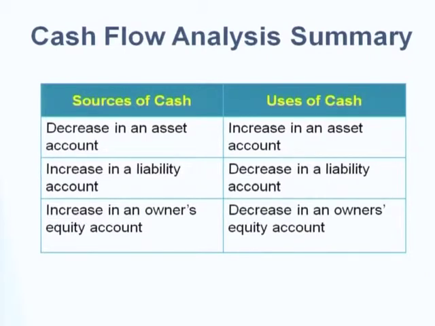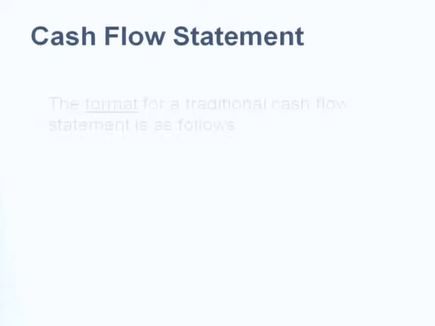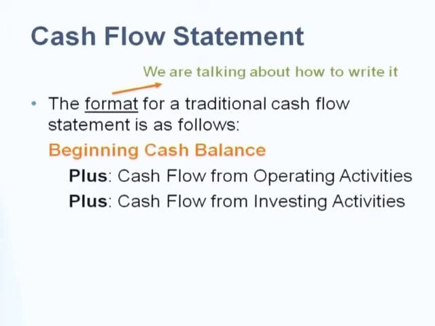Okay, the problem is you know the concept of source of cash and use of cash, but the knowledge here is not the cash flow statement format. We need to put the knowledge that you have into the format of the cash flow statement, right? This is the format.